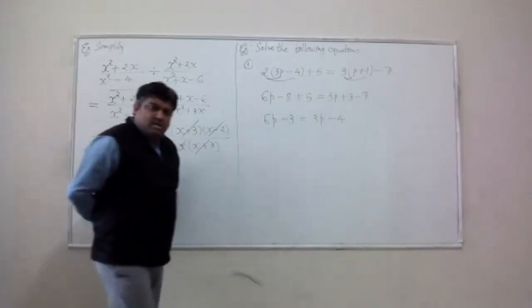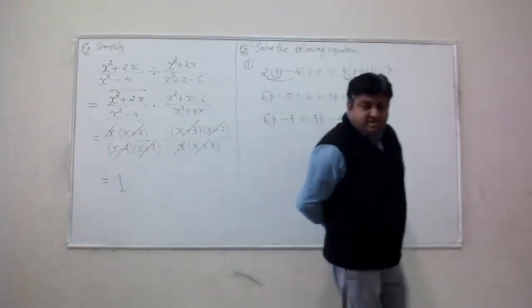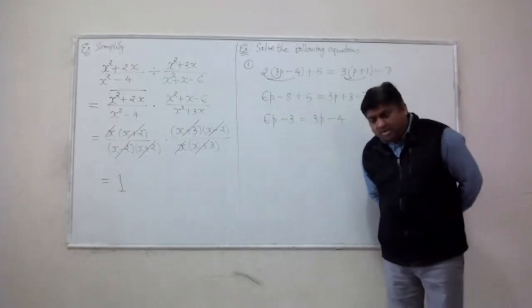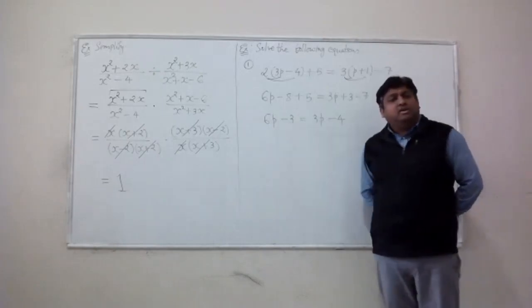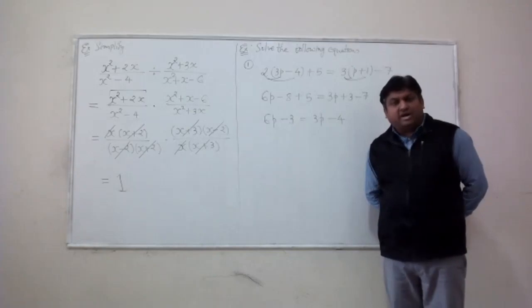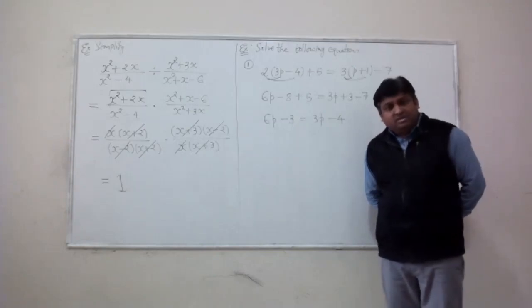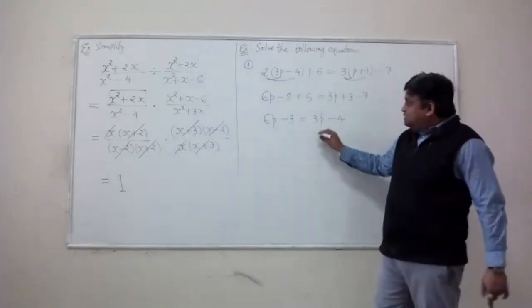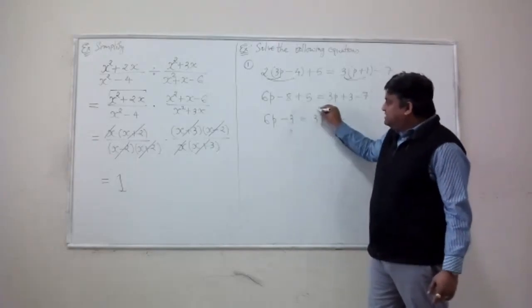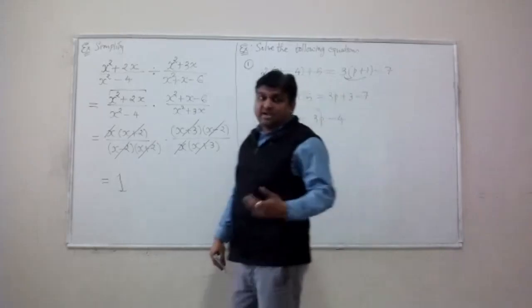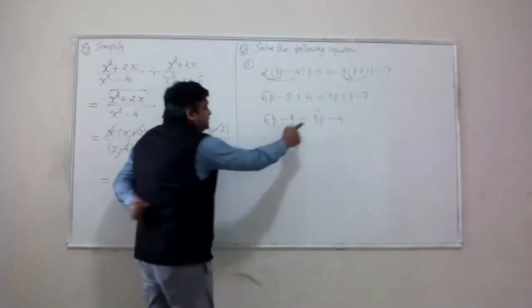All right. Now think about it. How to solve this for variable p? Well, in order to solve it for variable p, I need to isolate the term containing p. I need to isolate the like terms using equality. So I'm going to send this 3p over to the left side. At the same time, I'm going to send that negative 3 to the right side.